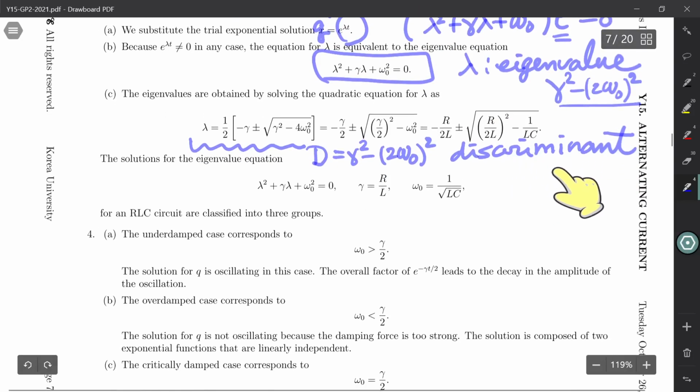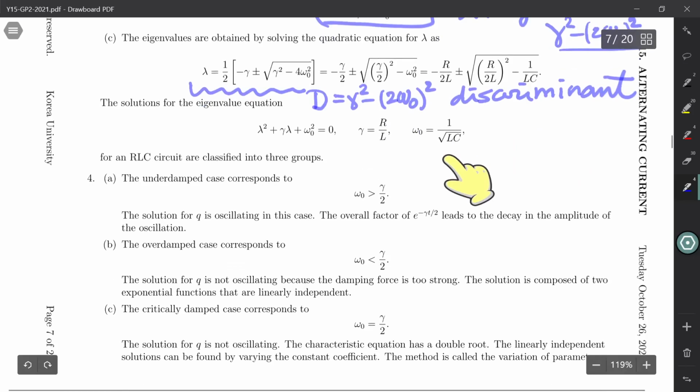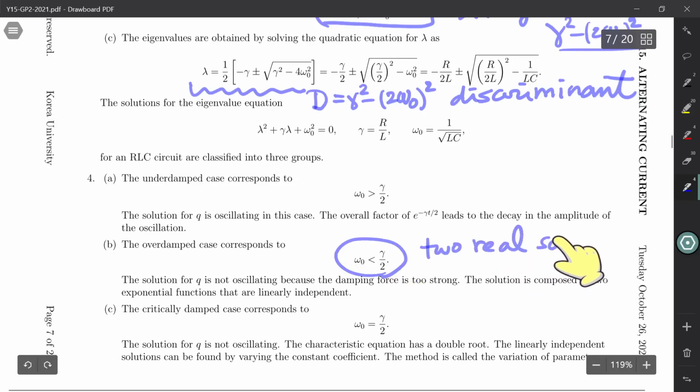If the discriminant is positive, then lambda are both real. Two real solutions for lambda.